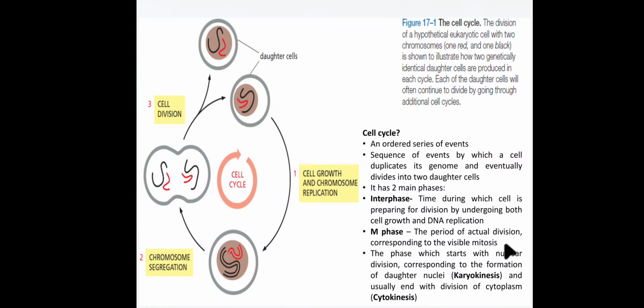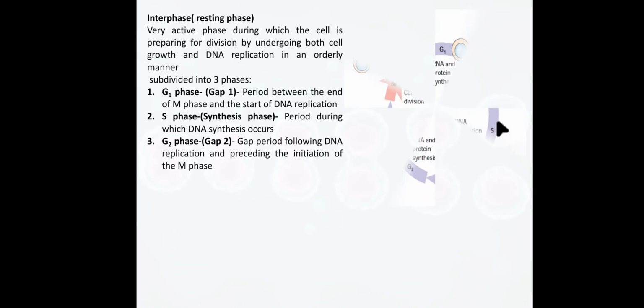And there is also another cell division type that will be discussed in future classes. The phase starts with nuclear division, corresponding to the formation of the daughter nuclei, that is karyokinesis, and usually ends with the division of the cytoplasm, that is known as cytokinesis. So this event is known as the cell cycle.